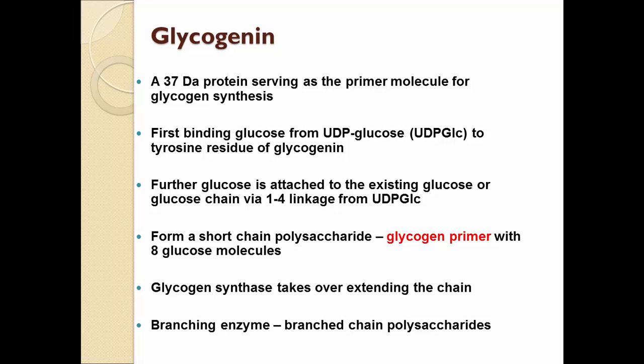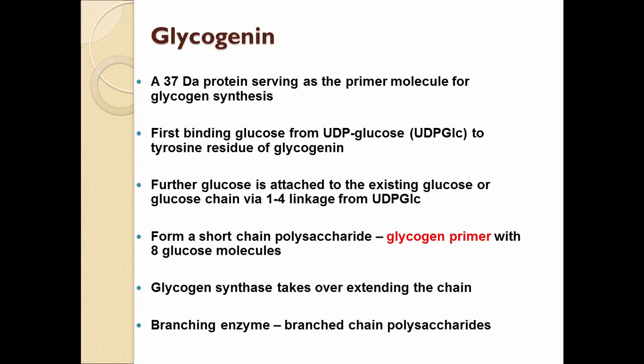Sorry. So now let's talk about glycogenin. Glycogenin is mentioned as a protein, right? It's a 37 kilodalton protein, serving as the primer molecule for glycogen synthesis. So the first glucose binds to glycogenin from UDP-glucose.